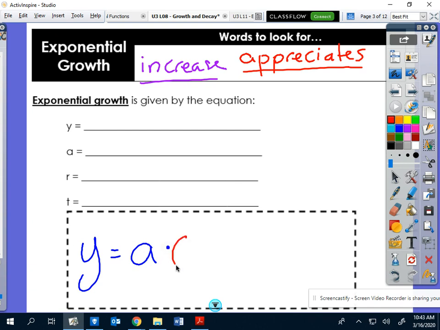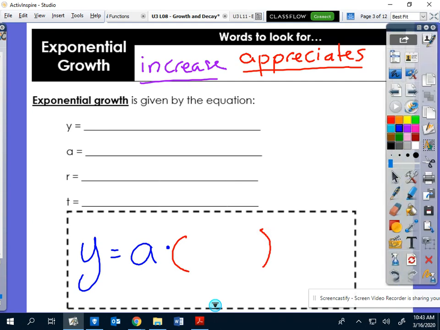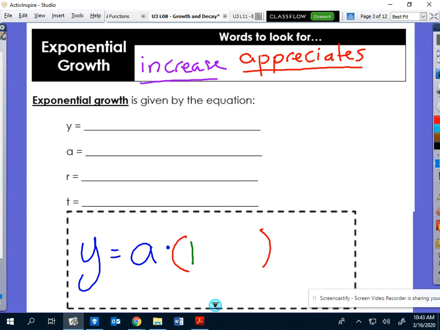But then the new component comes in a set of parentheses. And this is going to be the case in every single word problem we do, it always starts out with the number one. The reason that number one is there is that it preserves or includes the original amount of whatever it might be.